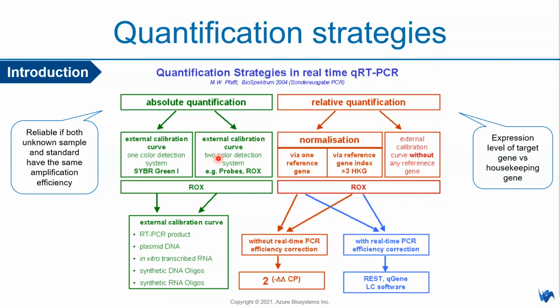In this webinar, we will be talking about relative quantification. In relative quantification, we have 2 major categories. The first is meant for normalization, which involves, with or without, reference genes mostly, and the other is relative quantification with standard curve.